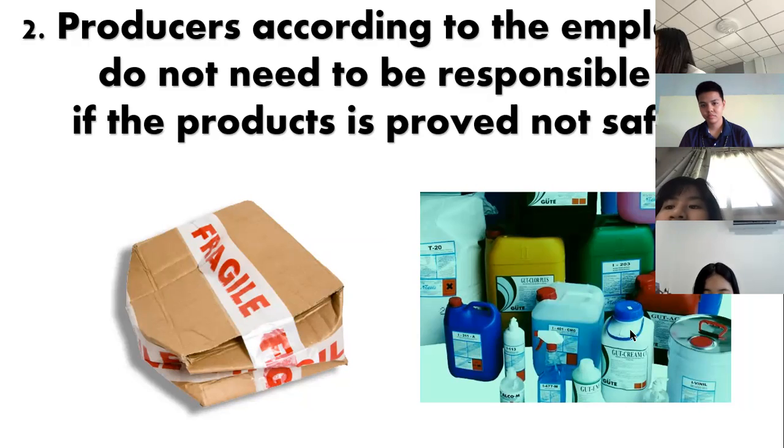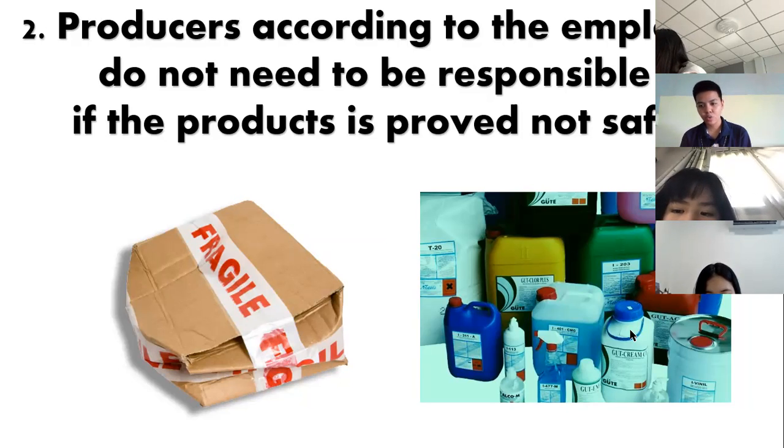Producers, according to the employer, do not need to be responsible if the product is proved not safe. Okay, so let's say you are going to order something from Lazada again or Shopee, and the product that you ordered is harmful.